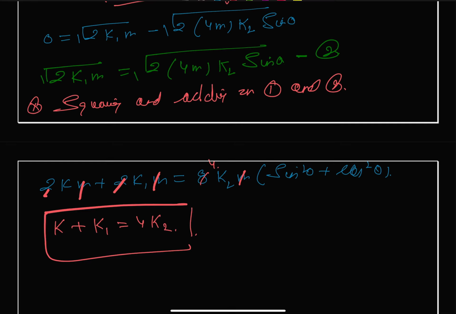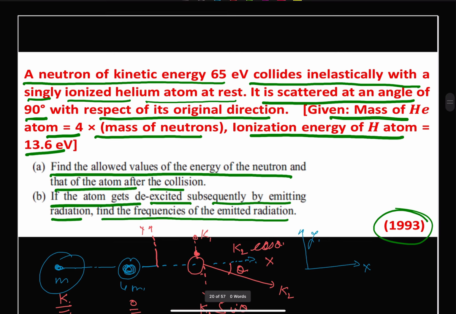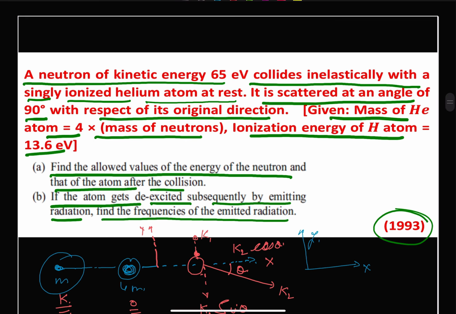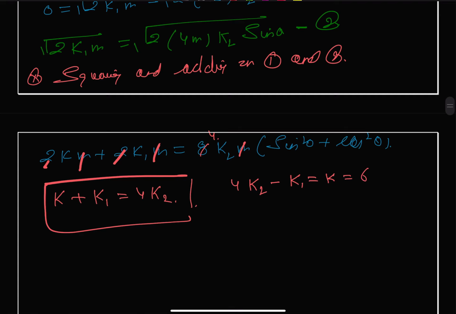Or we can write this equation as 4 times K2 minus K1 is equal to K, which is given to us as the kinetic energy of neutron, 65 electron volt.